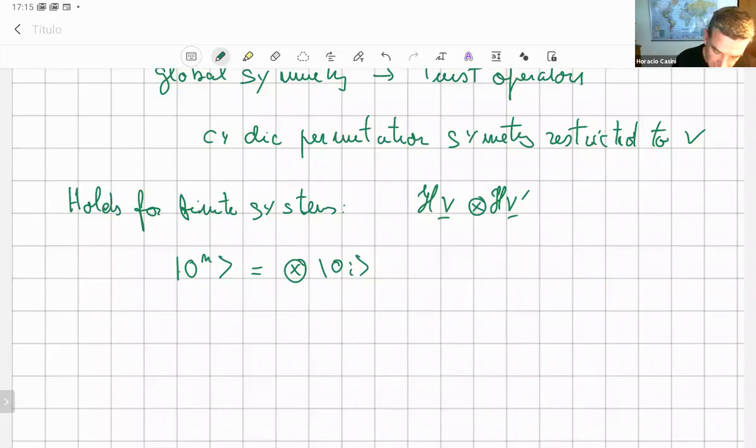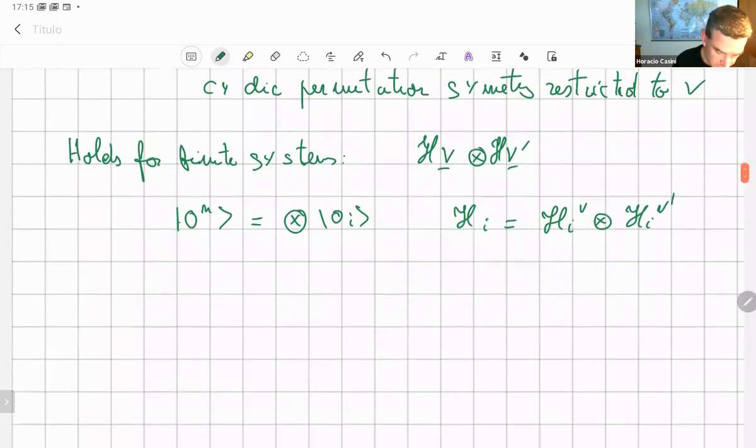Then you have a Hilbert space for each of the copies, which is a tensor product, and then you can choose a particular basis for the Hilbert space of this tensor product.